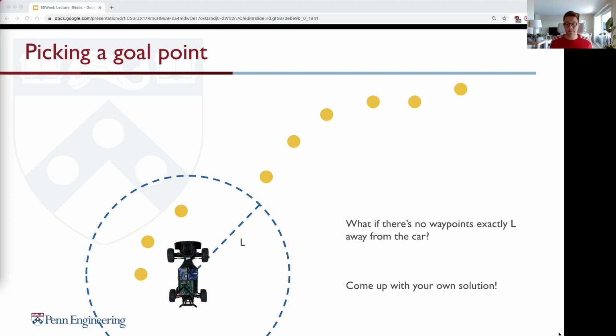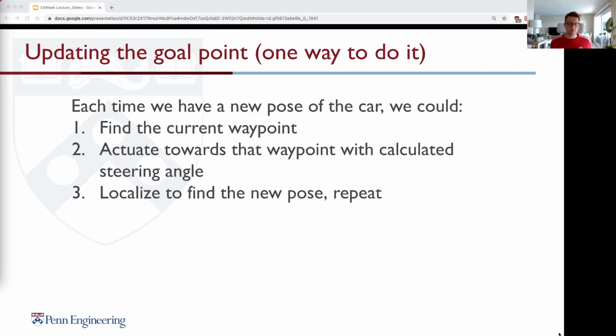Of course, now it's up to you. You can come up with different solutions. You can say, I'm searching differently, I want to minimize, maximize something. But one way to do it, and that's something we recommend, each time we have a new pose of the car, which means each time we update the position of the car, we could find the current waypoint, we actuate, like steer towards the waypoint with a calculated steering angle, and then localize to find the new pose and then repeat.